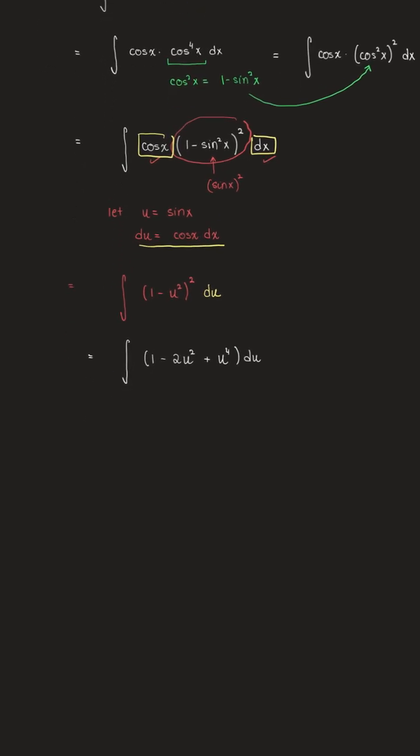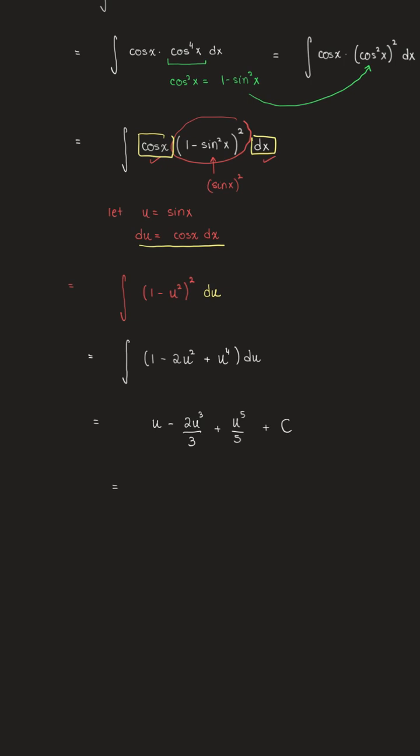And now we can use the power rule for each term. So when we integrate, we'll have u minus 2u to the 3rd power over 3 plus u to the 5th power over 5. Since this was an indefinite integral, I'm going to add the arbitrary constant. And then finally, we need to write our final solution in terms of x.